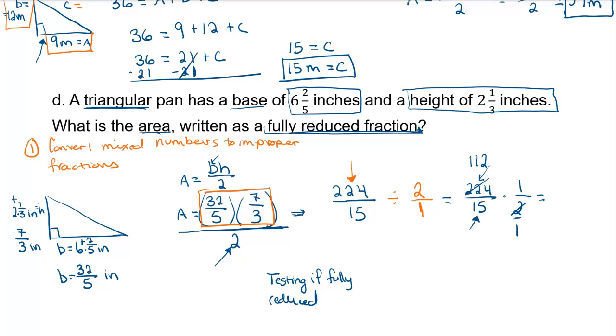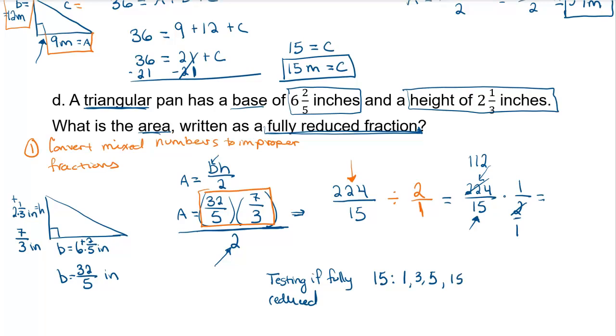What numbers multiply together to get 15 than I am the full list of 112. So here's my list of factors of 15. So 1, 2 doesn't go in, 3 does go in, 4 doesn't go in, 5 goes in, okay? And then there's no other number except for 15 that goes in.